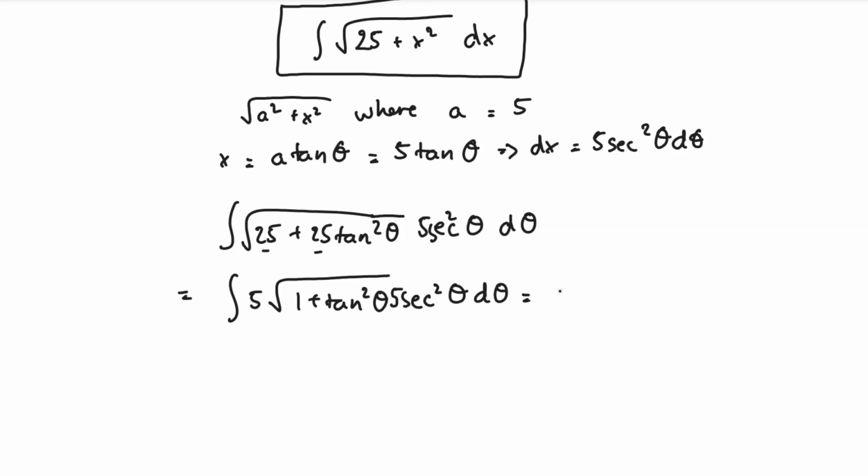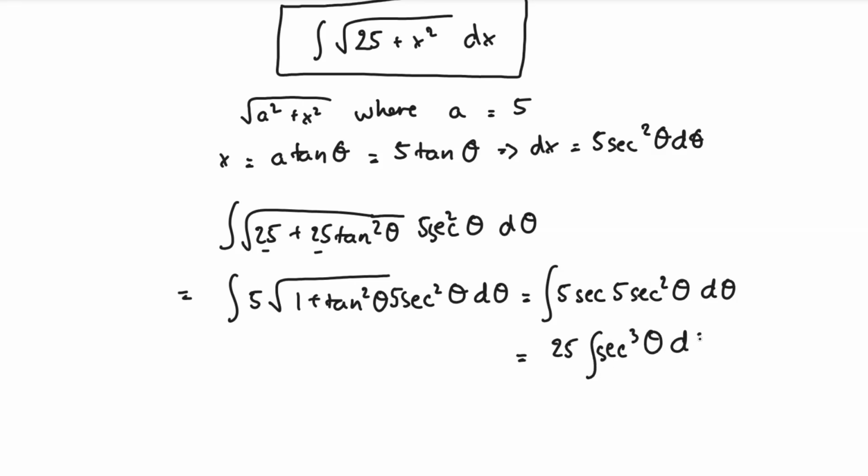By the trigonometric identity, the square root of 1 plus tangent squared is secant. So this is equal to 25 times the integral of secant cubed theta d theta.